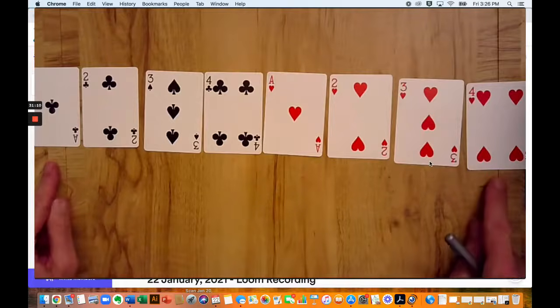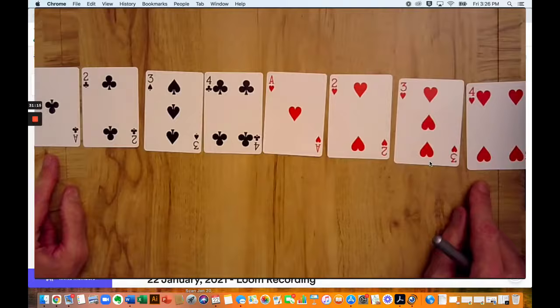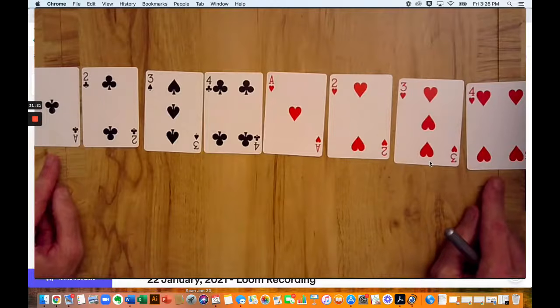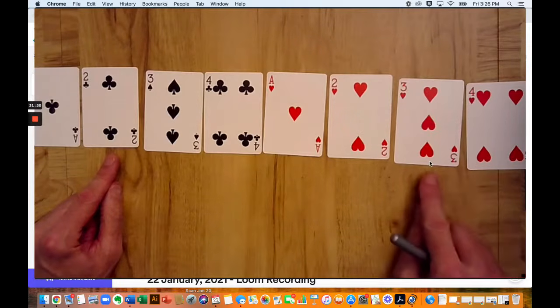As you think about the positions 1 through 8, which positions add up to 9? Well, the first position and the last position, because this would be 1 plus 8. Well, 1 plus 8 is 9. The second position and the 7th position, well, 2 and 7 also add up to 9.